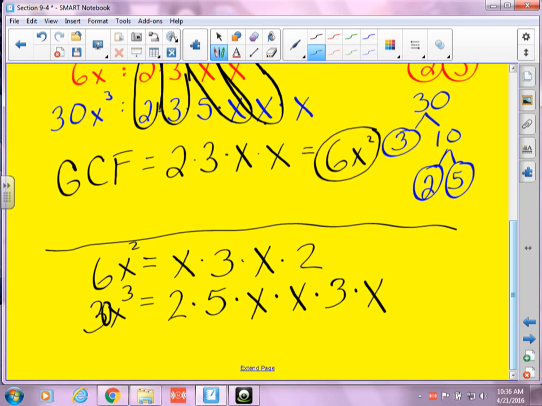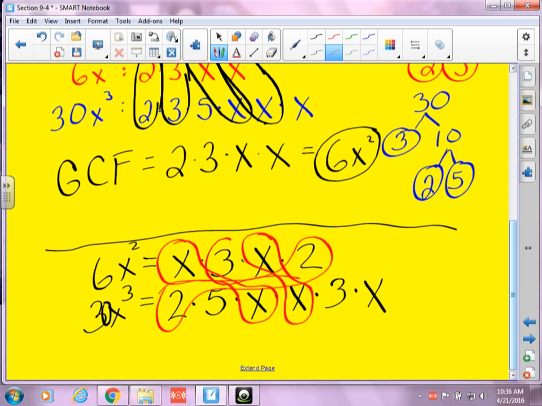Let's say I didn't care. I'm going to write down however I want in whatever order. Okay? This is what I mean the diagonals get confusing. All right? So notice that I've got 2's and x's and an x and a 3.